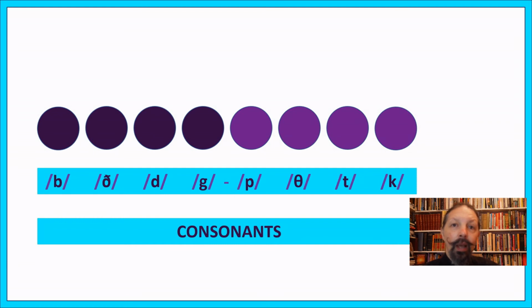So here I've got /b/, /d/, /g/, voiced consonants. And to the right, /p/, /t/, /k/, voiceless consonants. That's just one way of classifying them.